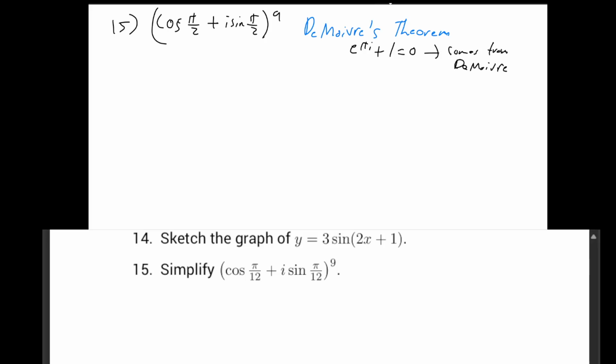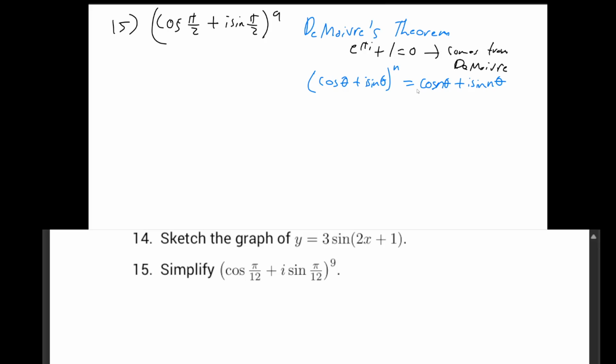But anyway, de Moivre's theorem, if you want to know it or recall it, is just cosine of theta plus i sine of theta to the n power. There's like two parts to this, but this part is the part of de Moivre's theorem that we need for this problem. Cosine of theta plus i sine of theta to the nth power will just be cosine of n theta plus i sine of n theta.